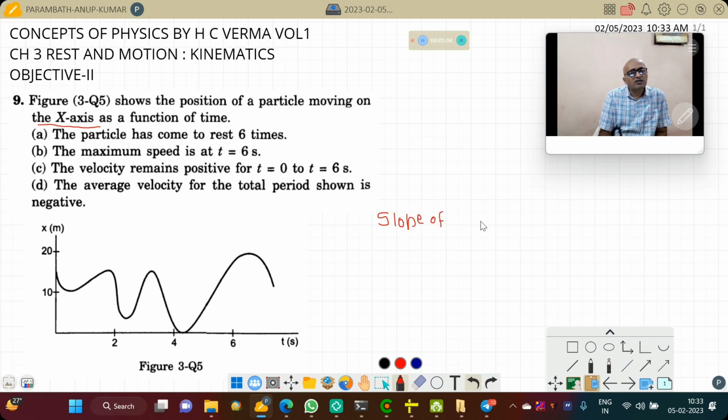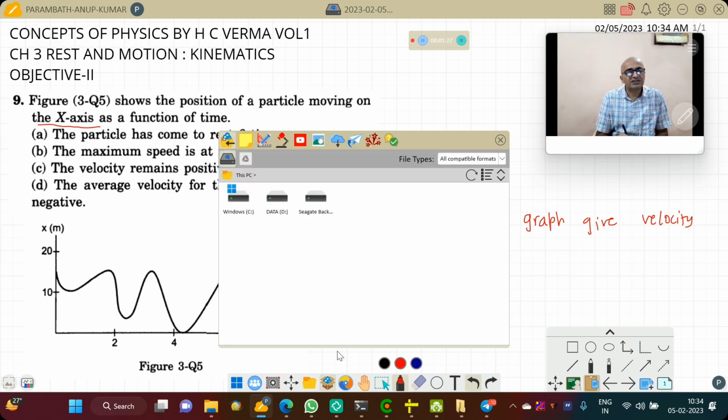the slope of the position-time graph, or x-t graph, gives velocity. So when the slope is 0, that is, the line is horizontal. Let us see this.